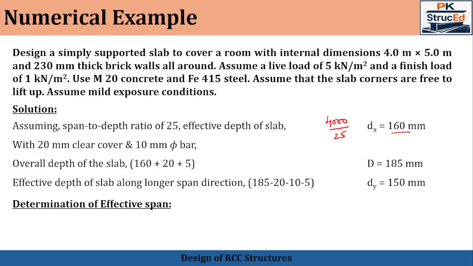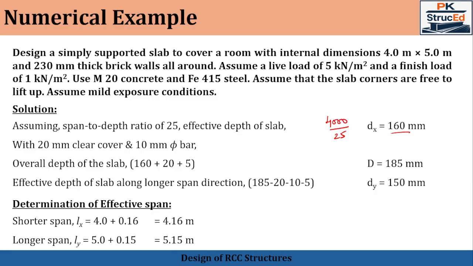Now we determine the effective span in both the directions as per IS 456. Here along the shorter span direction, the clear span is 4 meter and the effective depth is 0.16, which gives 4.16 meter. As well as longer span LY, which is 5 meter clear span plus effective depth along the direction, 0.15, which gives the effective span along the Y direction as 5.15 meter.